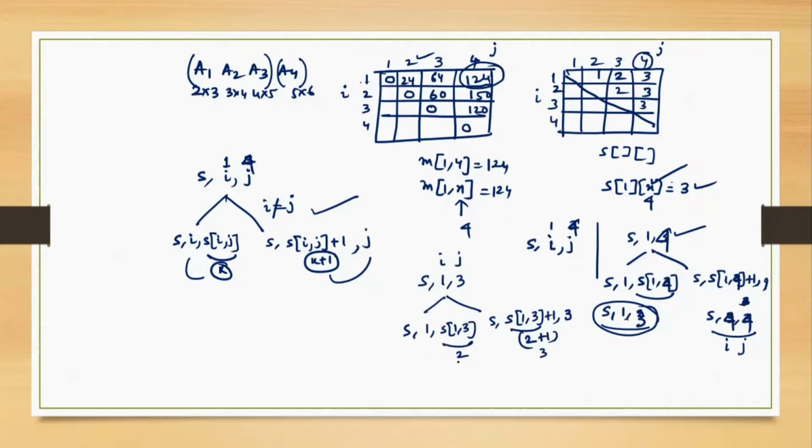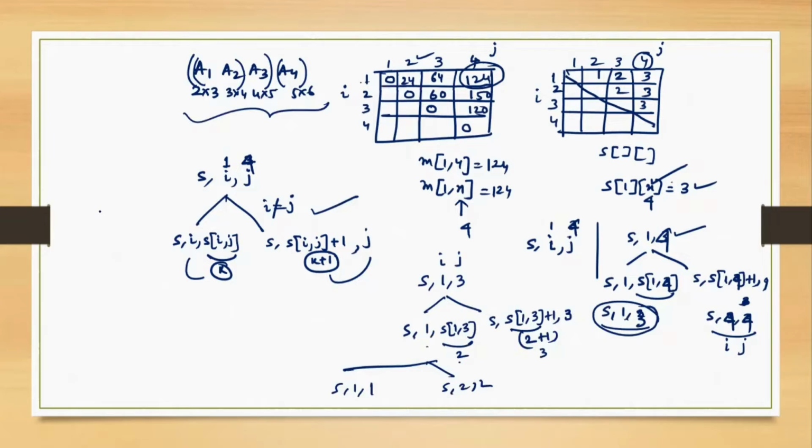So it is 1 to 2, then 3 to 3. If you further split it, you will get s comma 1 comma 1 to 2. 1 to 2 is nothing but 1, and you will get s comma 2 comma 2. That is very simple to understand. So this is basically the chain result actually.